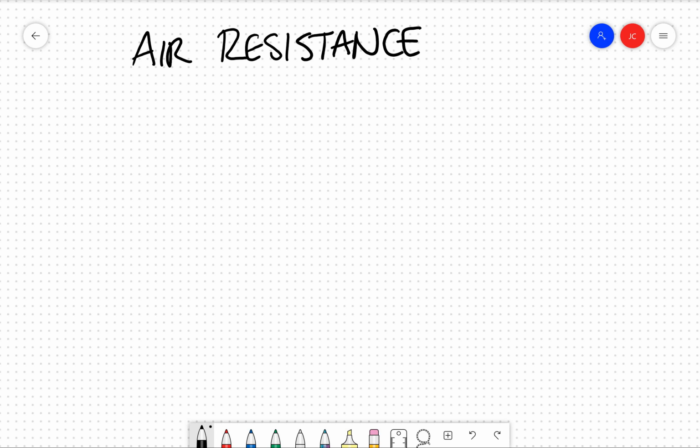Basically, when you have an object that is falling through the sky, or going down vertically with this force of gravity, it's always propped up by an opposite force, which we can just say is the force of air. And this is literally the resistance that's in air to objects moving through it.